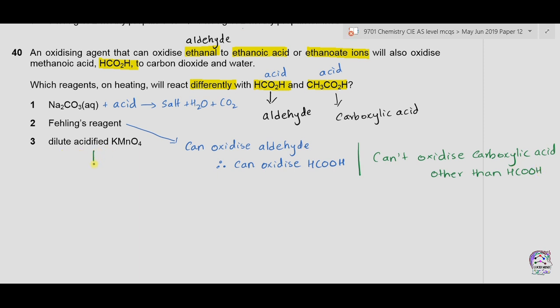Third is dilute acidified KMnO4. It is also an oxidizing agent and it oxidizes aldehyde. So therefore it can also oxidize HCOOH. And it cannot oxidize other carboxylic acids.